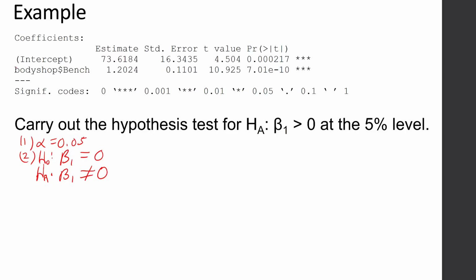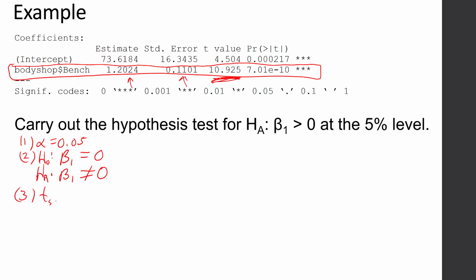And you'll notice that in the line that goes with my slope coefficient, I not only have the estimate of the slope, I've got the standard error, and I've got my t-test statistic for my test. So my test statistic is 10.925, and my p-value is 7 times 10 to the negative 10th power.